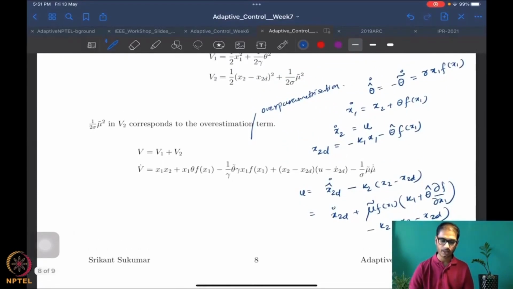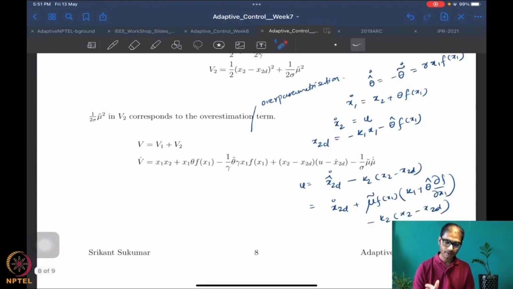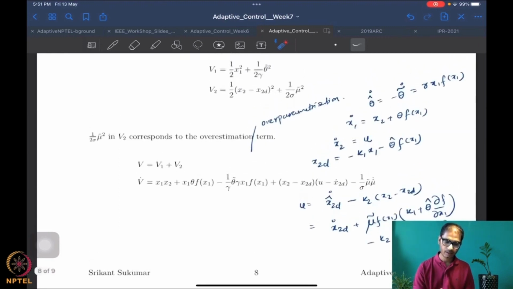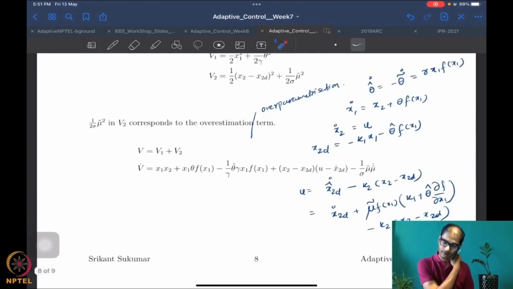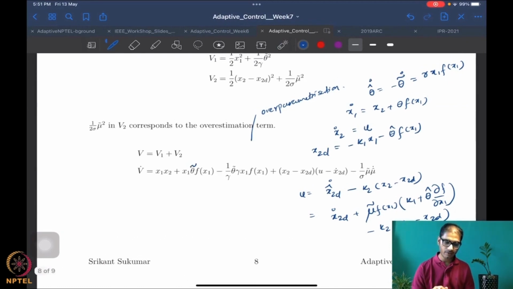So this is what we have. Okay, so v1 dot is x1 x1 dot, which is x1 x2, and this term gives me theta tilde dot by gamma, which is theta tilde times x1 f(x1). This is what I get from v1 dot.